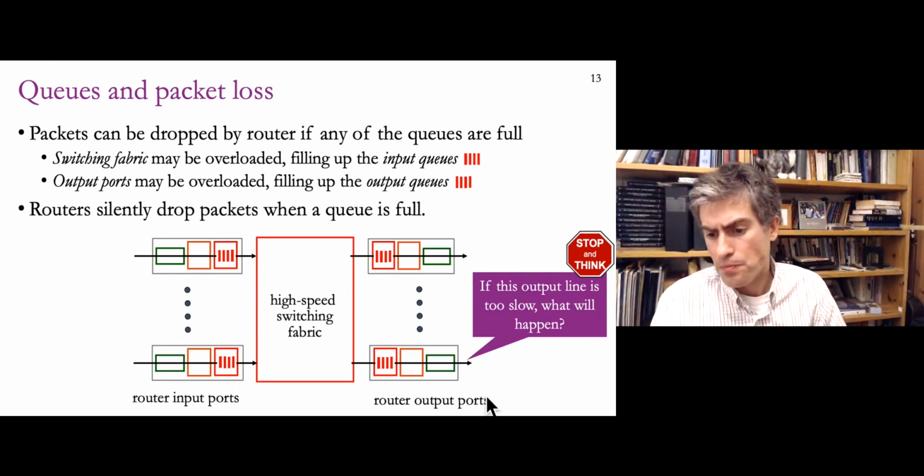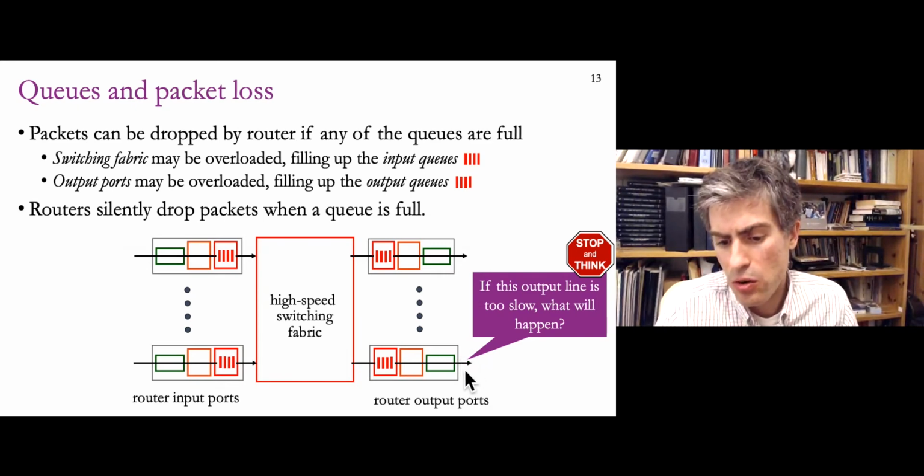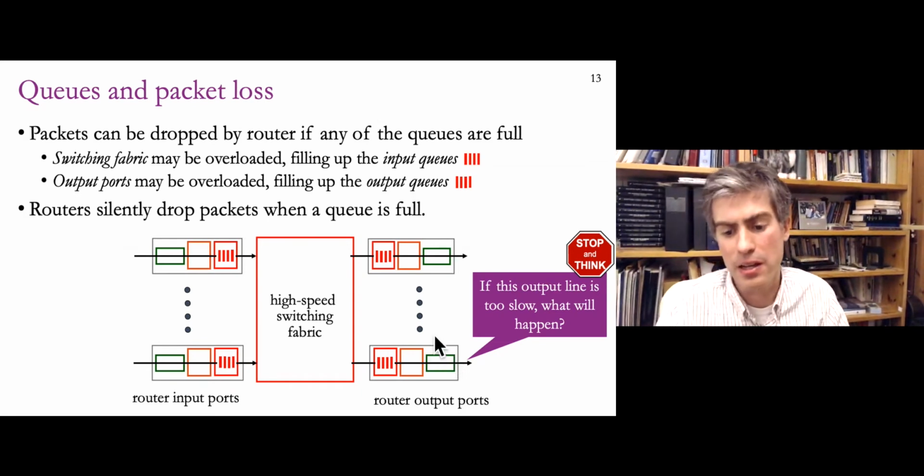All right, so to review, if this line on the bottom right is too slow, if we slow this down a lot, what will happen to the packets flowing through this router? Stop and think about that. So there are two different types of packets.